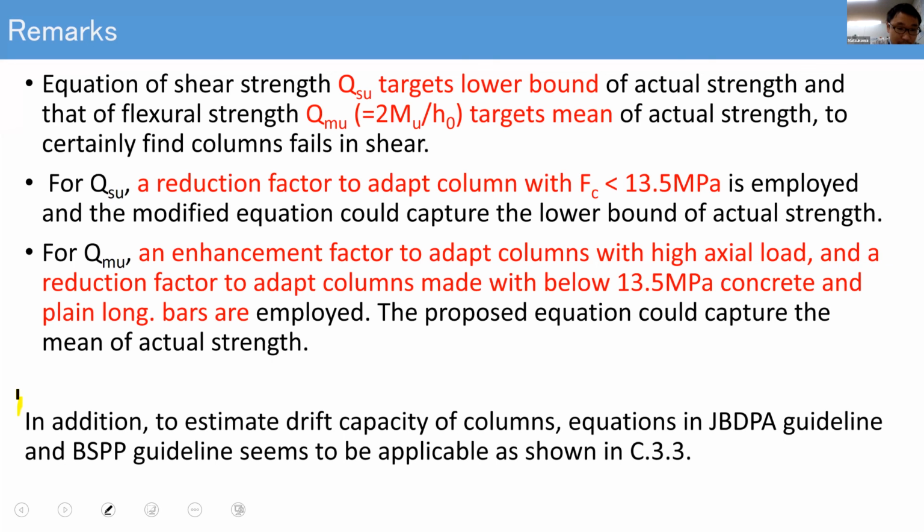But as I write here, in addition to estimating drift capacity of columns, equations written in the Japanese standard or BSPP guideline seem to be applicable as shown in commentary C 3.3 in the document. So we have not modified such ductility evaluation equations. Only the strength evaluation was changed.